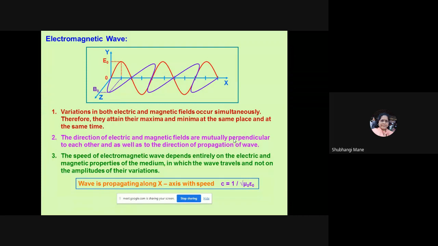The directions of the electric and magnetic fields are mutually perpendicular to each other as well as to the direction of propagation of the wave. The speed of an electromagnetic wave depends entirely on the electric and magnetic properties of the medium in which the wave travels, and not on the amplitude of their vibrations. Okay, next one.